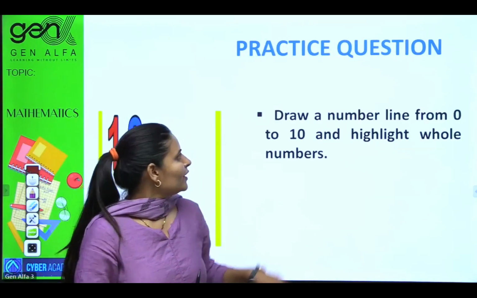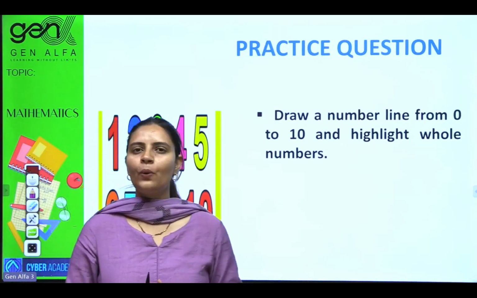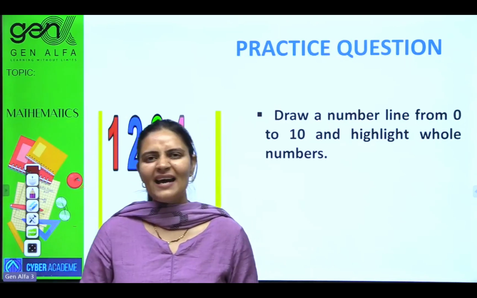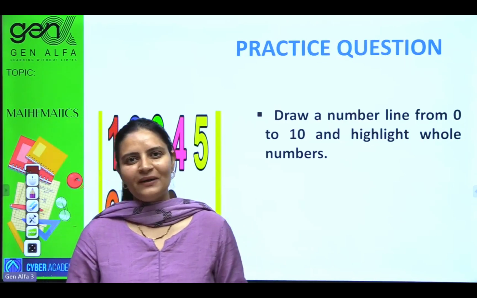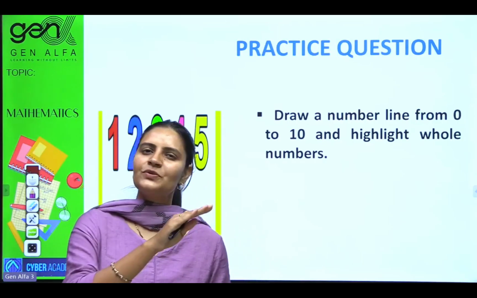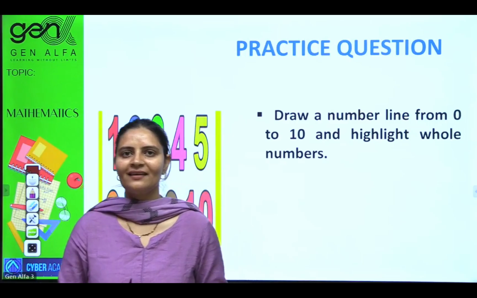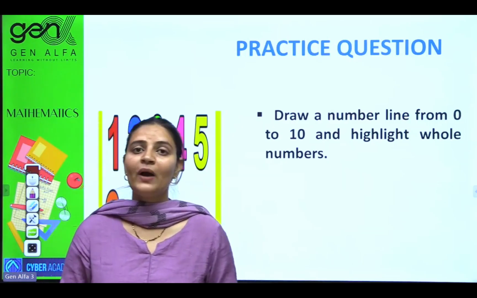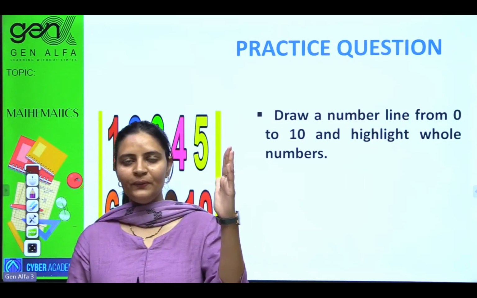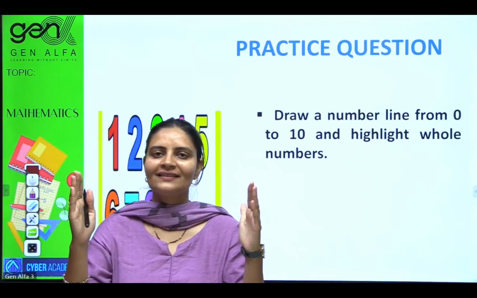Draw a number line from 0 to 10 and highlight whole numbers. Yes, maths requires pen and paper. I insist that you please open your notebooks and draw a number line. You have to mark 0 at one end and 10 at the other end.